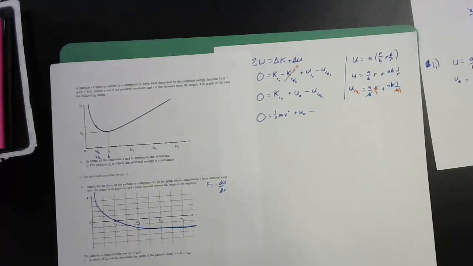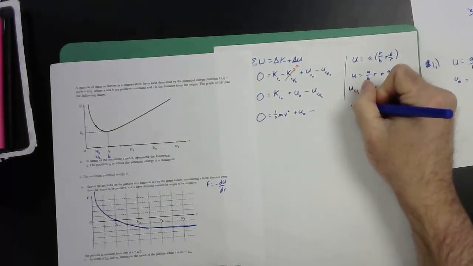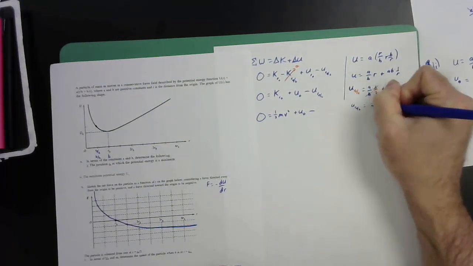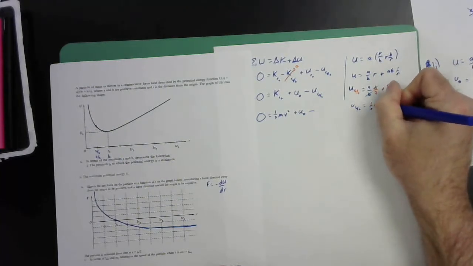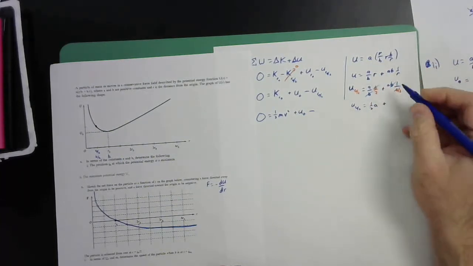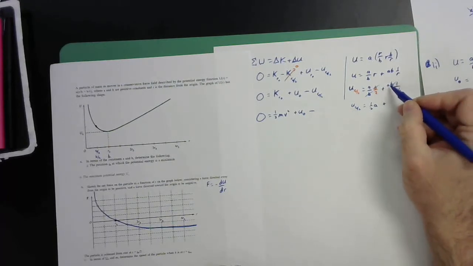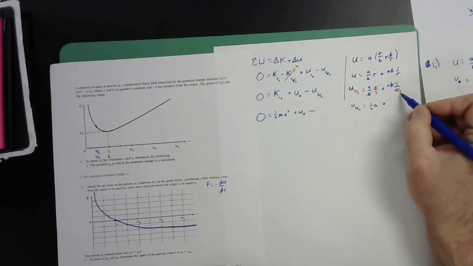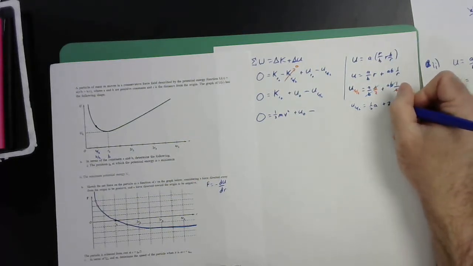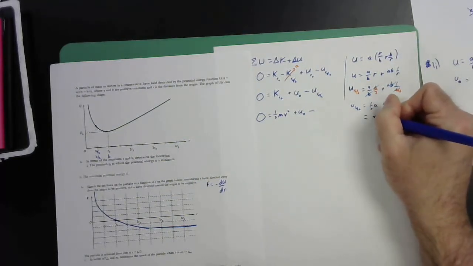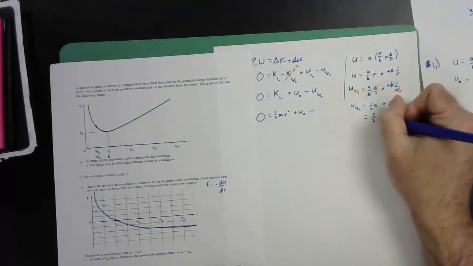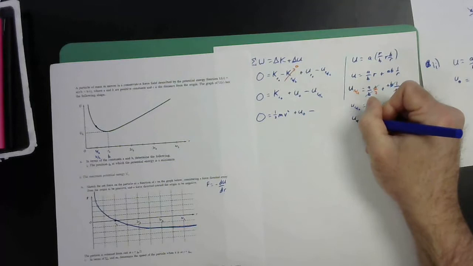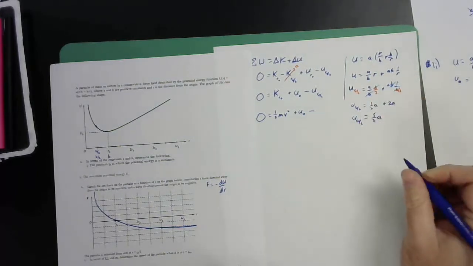And what I'm going to have then is that my U at R naught over 2 is going to be A over 2, or half A, plus AB over B over 2, which is A over 1/2. We divide by half, multiply by 2, so this is just going to be 2A. That's equal to 2A and half A, that's 5/2 A. That is U at R naught over 2.